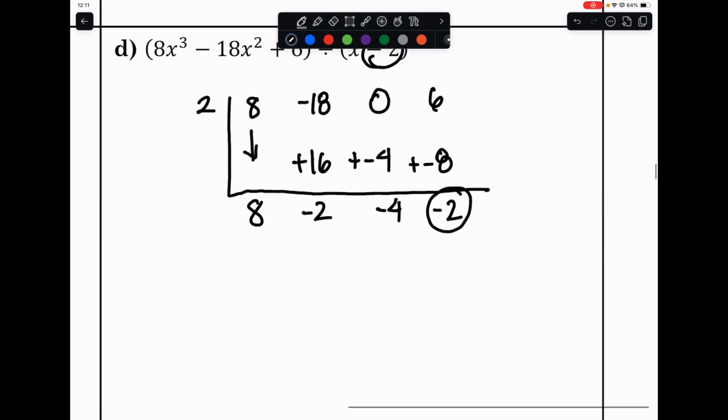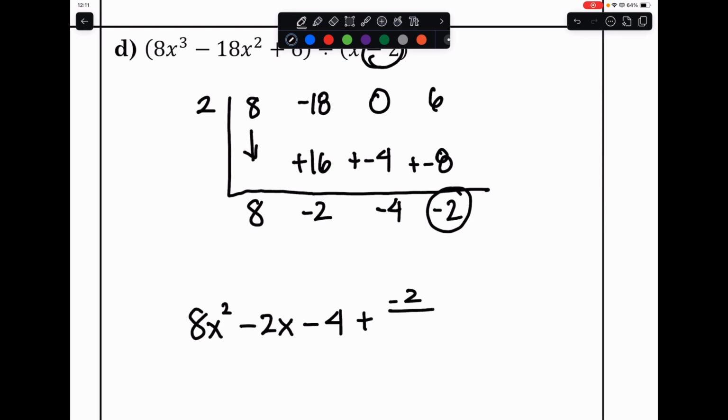So our solution here is 8x to the second plus -2x, or minus 2x, and then plus -4 or minus 4. Our remainder is -2, so we'll add that -2 over our divisor of x minus 2.